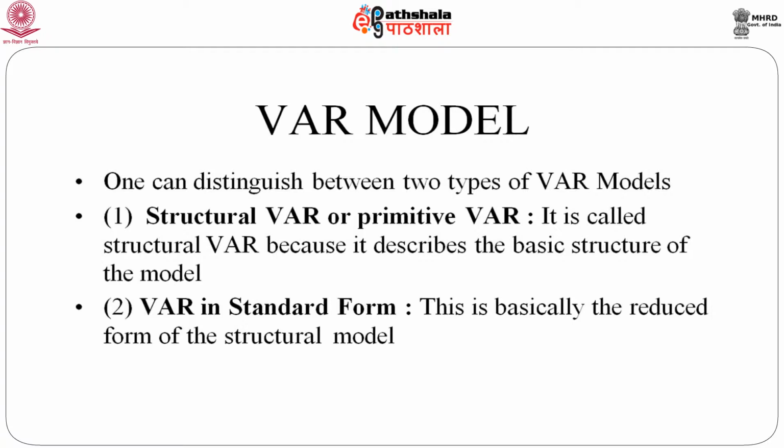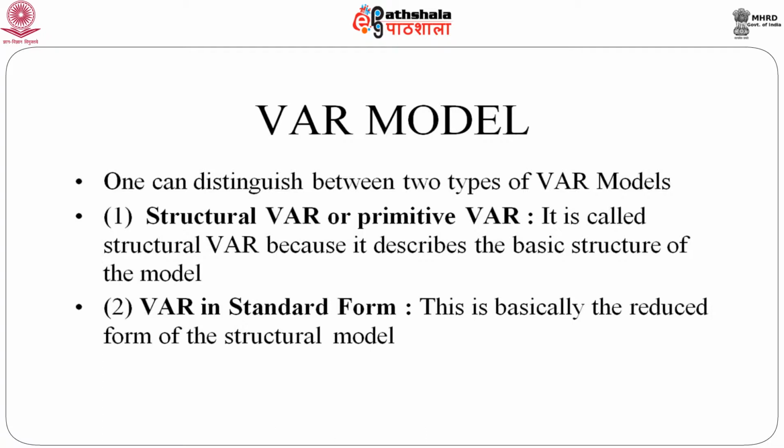We treat both yt and xt as dependent variables, they are endogenous, and both are endogenously determined by the current as well as past values of the variables. At the same time, changes in the error term epsilon yt and changes in the error term epsilon xt will have a direct as well as indirect effect on the dependent variables of the model, that is, the two endogenous variables yt and xt.